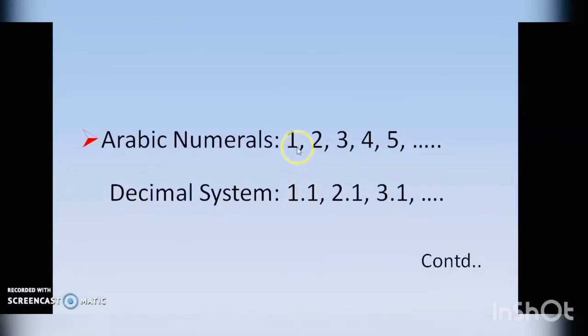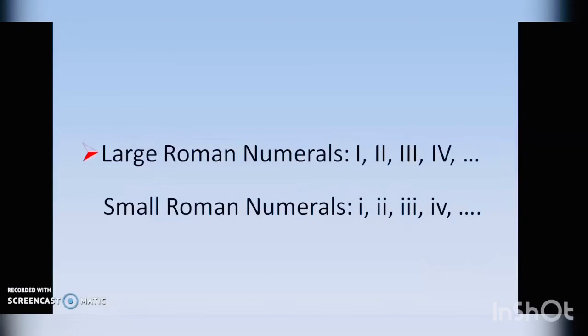That is, if the main heading is numbered 1, the subheading will be 1.1 and so on. We also use large and small Roman numerals for numbering headings and subheadings.